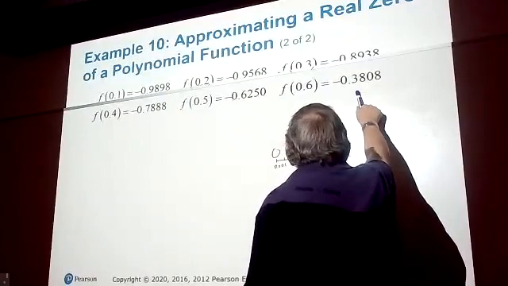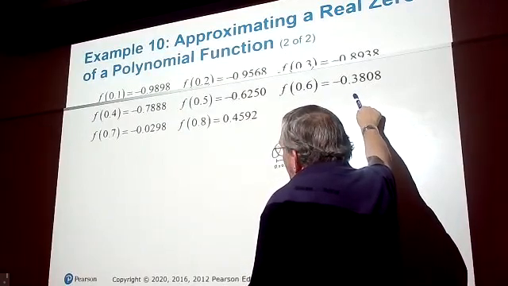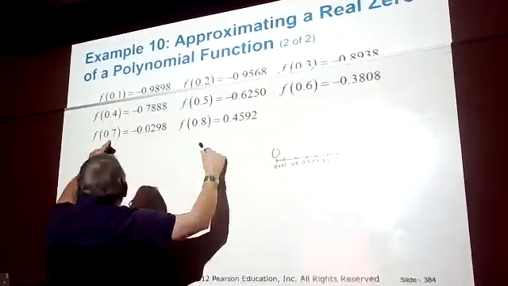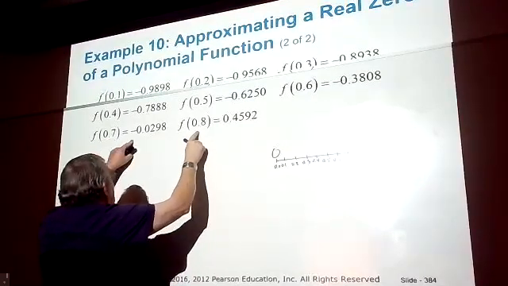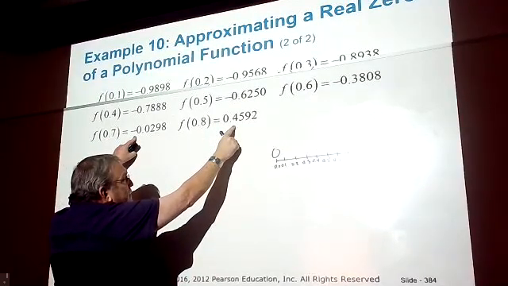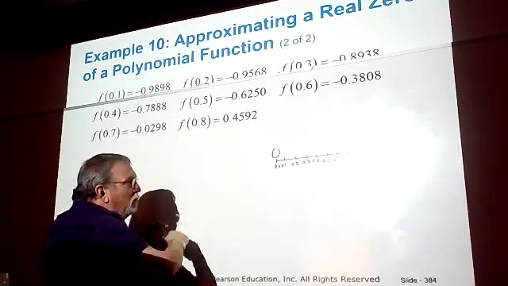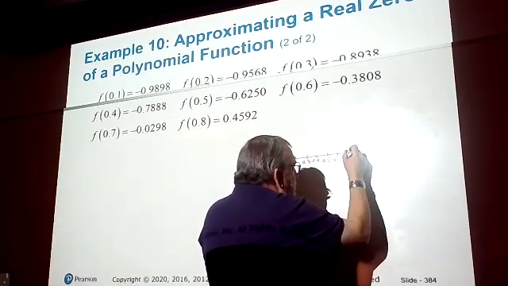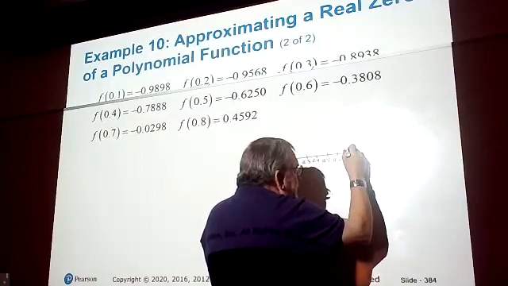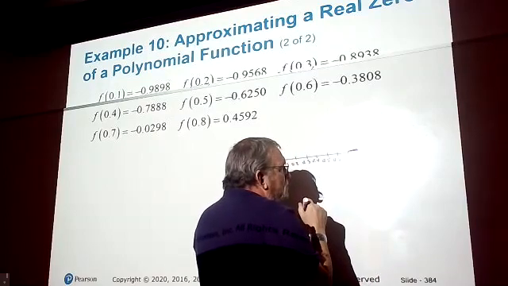And 0.6, 0.7. So between 0.7 and 0.8, we had a sign change. So that means there's a 0 in here.